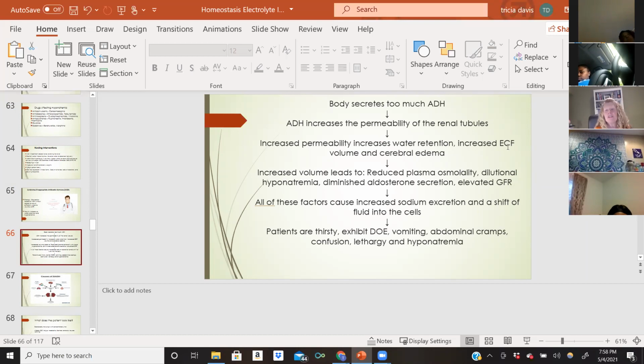That increased volume is going to lead to reduced plasma osmolality. So we're going to have so much water that the osmolality is going to be diluted. It's going to cause dilutional hyponatremia, diminished aldosterone secretion, and then it's going to elevate our GFR, which is our glomerular filtration rate. All of these factors cause increased sodium excretion and a shift of fluid into the cells.